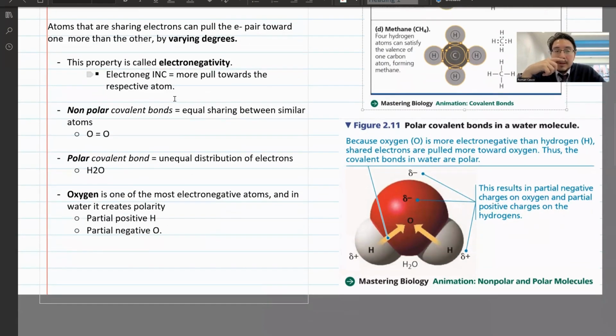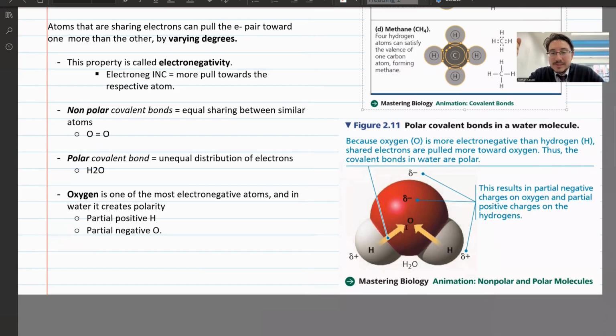Oxygen is a very electronegative atom, so it tends to pull electrons toward itself. A very famous example is water. We're going to see this in a lot more detail later on. Hydrogen is not electronegative at all, if I can say. It's better to refer to it as oxygen being more electronegative, so it's pulling the electrons toward itself.